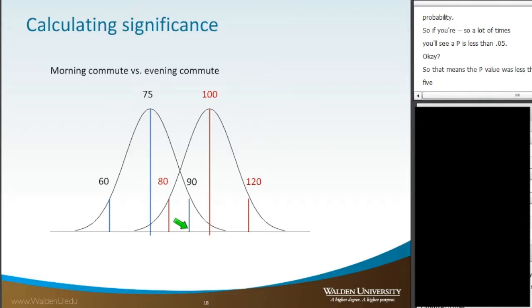If you're making a medication that would have a very serious side effect, you want to be darn sure. So it might be not even 1%, maybe 1/10 of 1% as your alpha. It depends on the type of study, but for most of the research that we do, when we're looking at samples and populations, 0.05 is typically what we use.